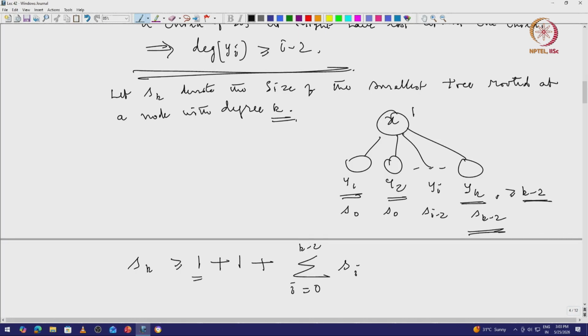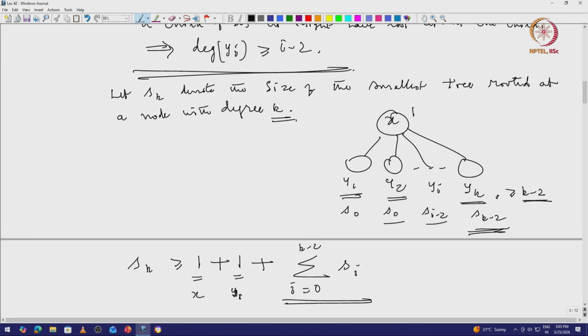This one is for the root, this is for y1, and from 2 onwards it is S0 up to S(k-2).